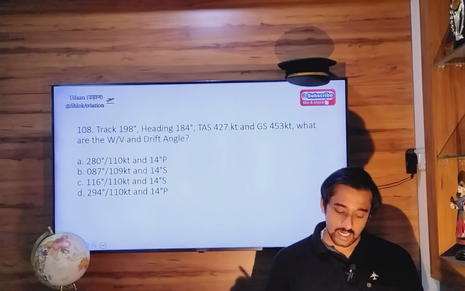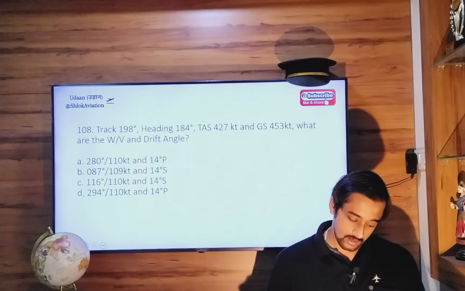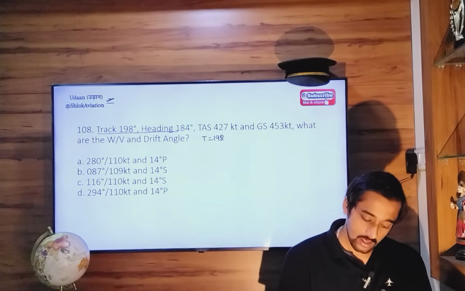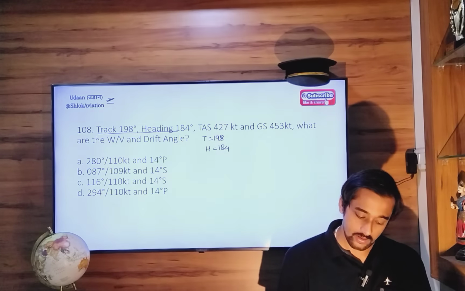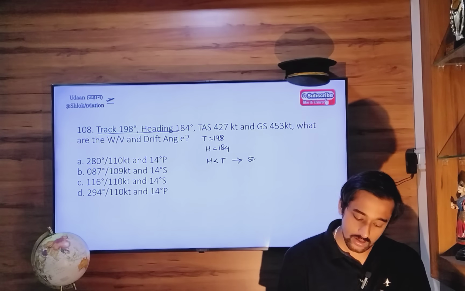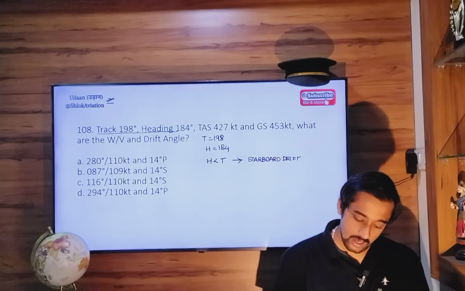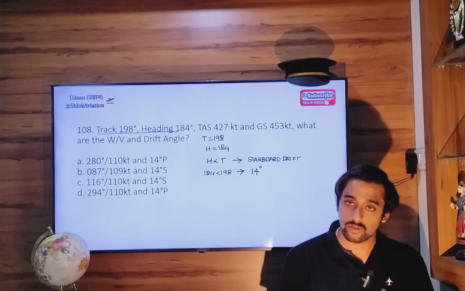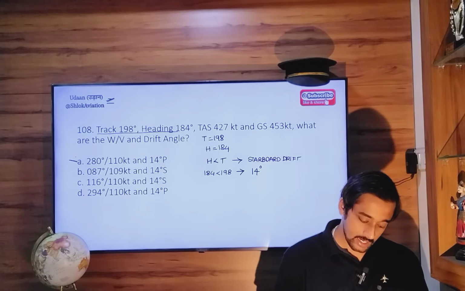Track is there, heading is there, TAS, ground speed is there. Track is 198, heading is 184. When heading is less than track, you will get a starboard drift. So starboard drift will be 14 degrees. So options A and D are eliminated.